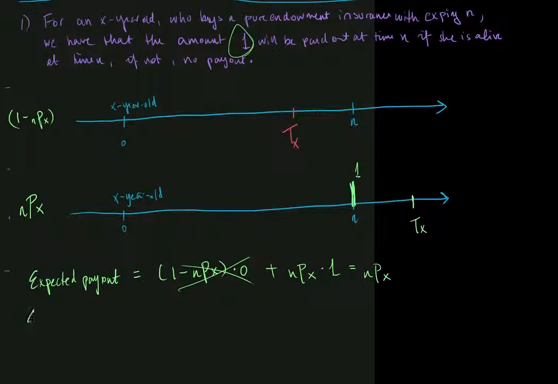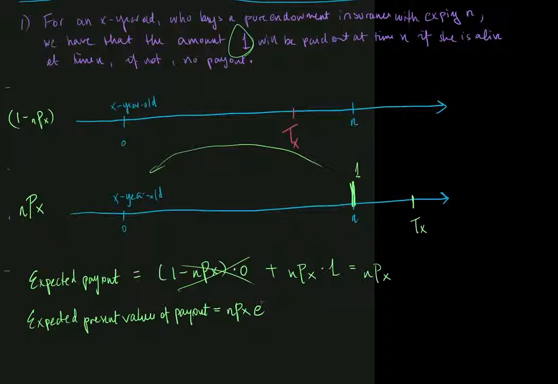The expected present value of the payout is equal to NPX, where we have averaged to take care of the uncertainty because the lifetime is uncertain, and then we also have to discount this amount N years back in time.